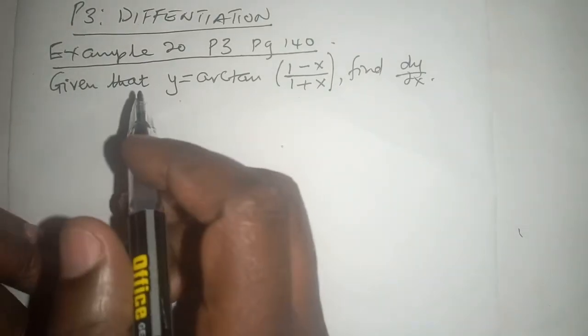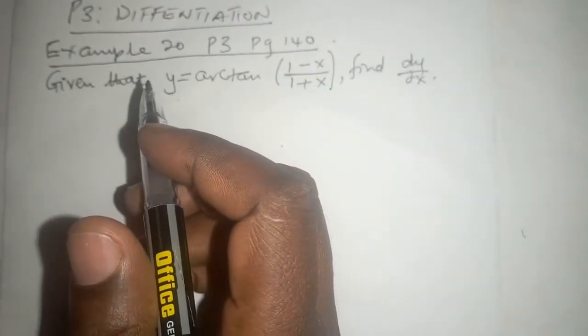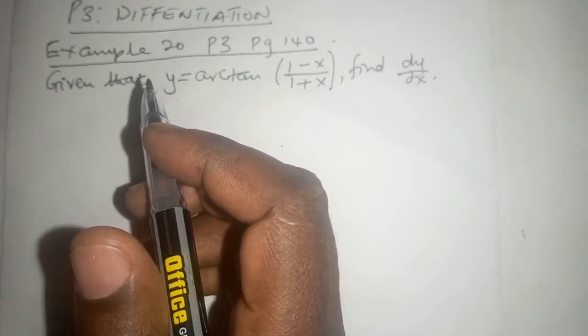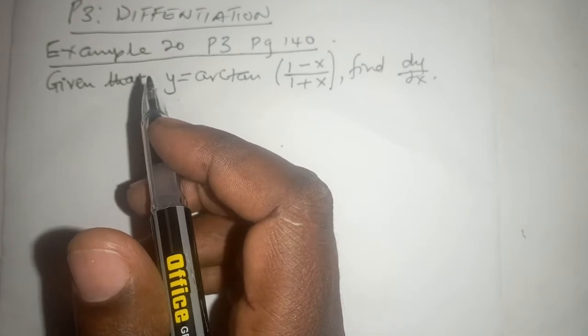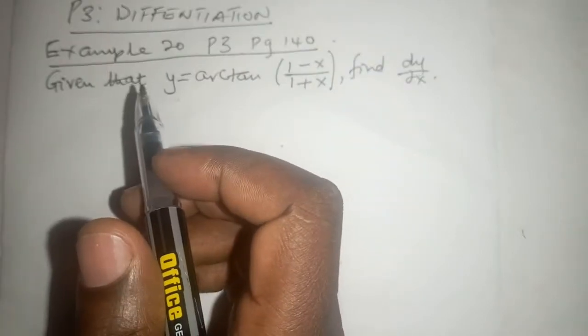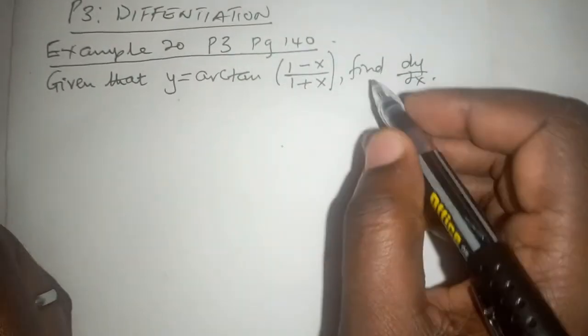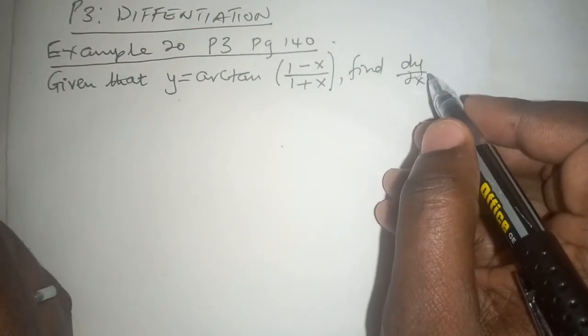We are told that given that y is equal to arctan of (1 minus x) over (1 plus x), find dy/dx.